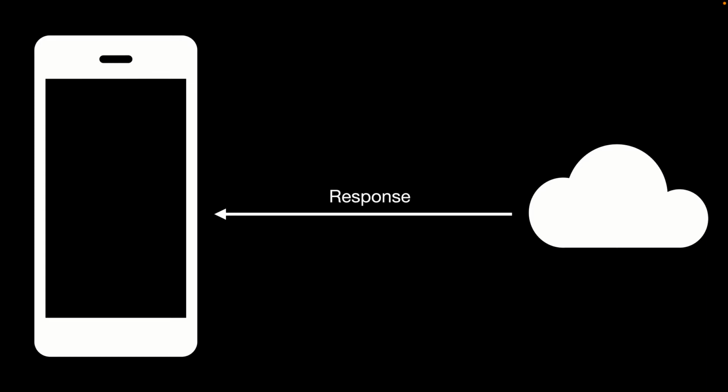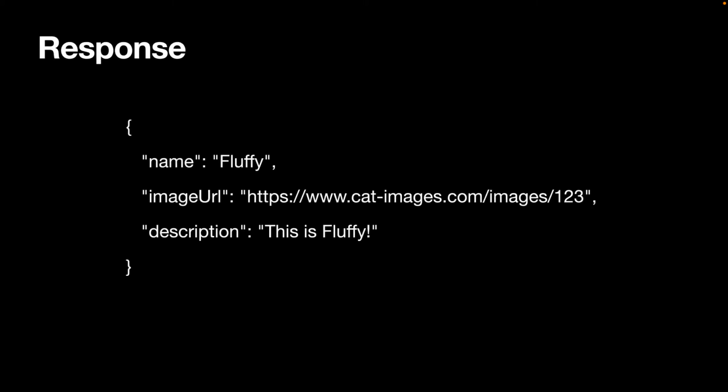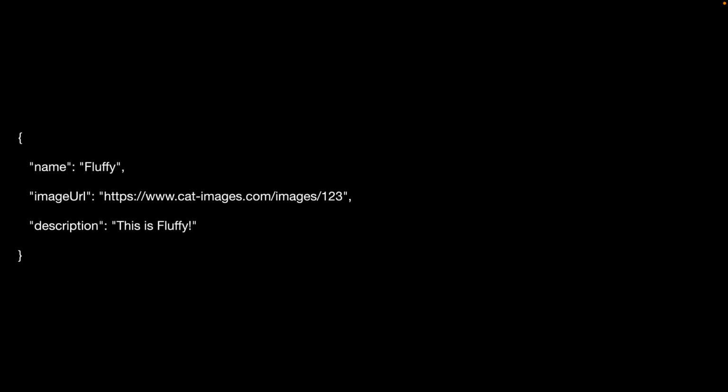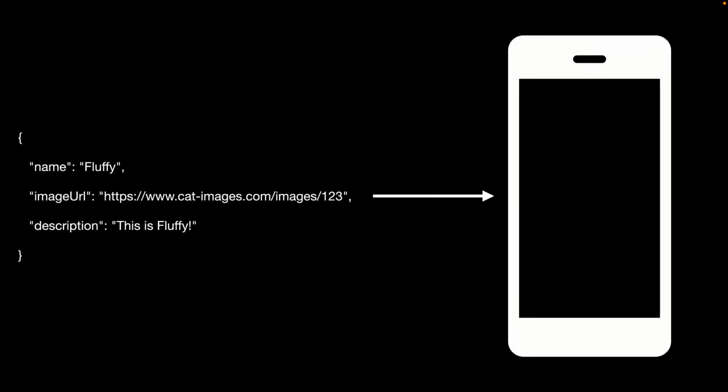Now, the important part over here is, what does that response look like? The server is going to be simply sending the client the data that the client needs to display. In this case, it is name, image URL, and description. Once we get that data, it will eventually be displayed onto the client.